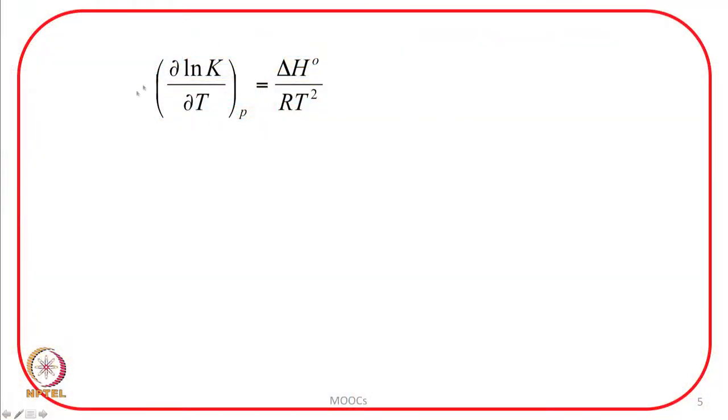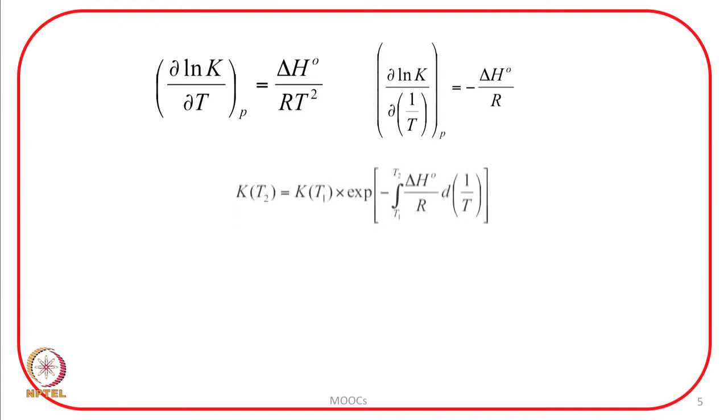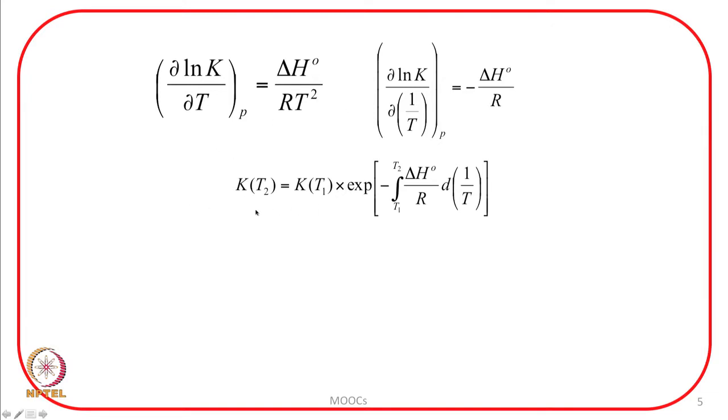This is the Van 't Hoff equation. We have discussed it many times. The Van 't Hoff equation can also be manipulated and rewritten. Mathematical manipulation of this allows you to write in this form. And one can go further with this step and express K at T2 is equal to K at T1 into exponential minus delta H naught by R, integral of d(1/T) from T1 to T2.